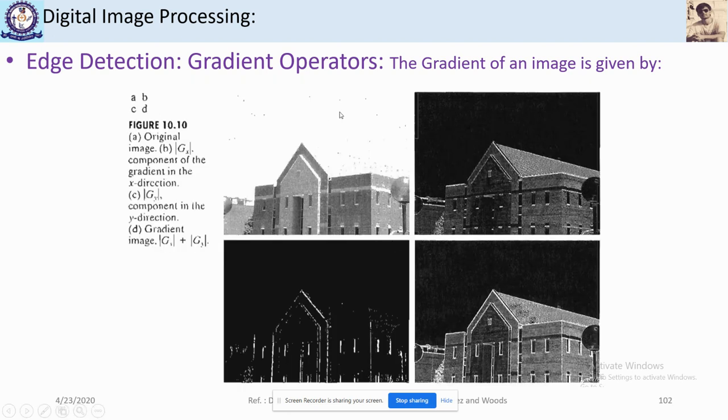This is our original image, and this is the gradient in x direction. That means when we are moving in x direction, whichever edges appear will be highlighted in this image. So when we move in the x direction, this edge appears, so this will be highlighted.